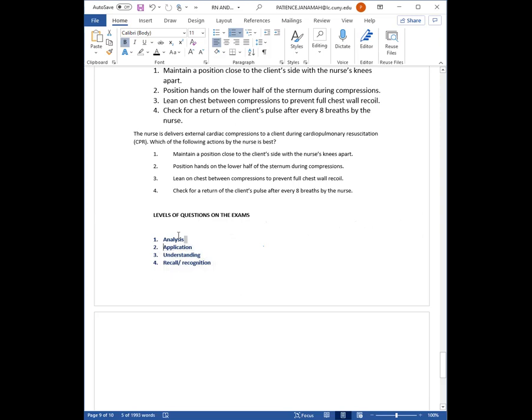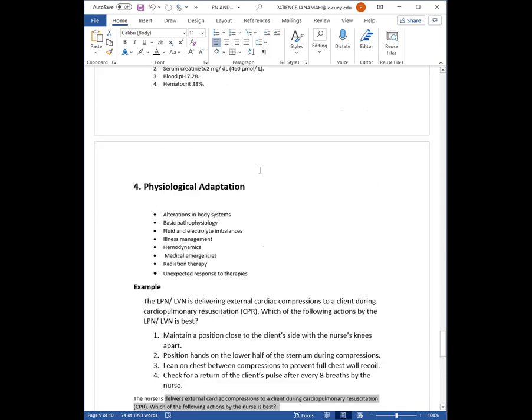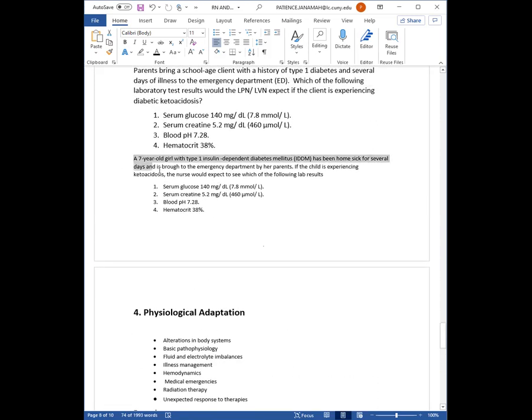But where they give you a question to apply your knowledge, like this one we just answered, they want you to apply knowledge to be able to understand that this is what I will do that will be right. In this question, they want you to apply knowledge, but you have to use the knowledge of ketoacidosis and which of the metabolic systems it will affect, which of my body parts, or what are the signs, or what are the lab values I will see that will be abnormal to tell me that this is ketoacidosis.